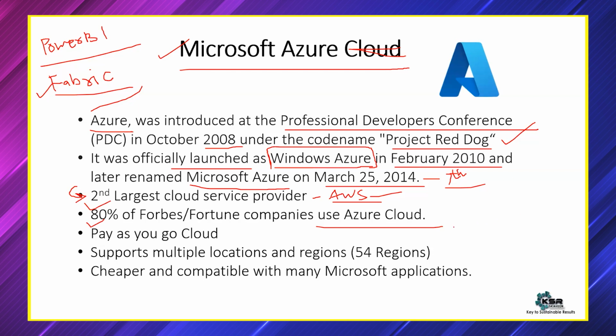Now, coming back to the example, Motorola or Lenovo will always use a hybrid cloud. Hybrid in the sense that they'll use AWS for a few applications and Azure for a few applications. Why? Because they try to analyze which cloud provider is good. If AWS is good, most of their applications will run in AWS. If Azure is good, they'll go with Azure.